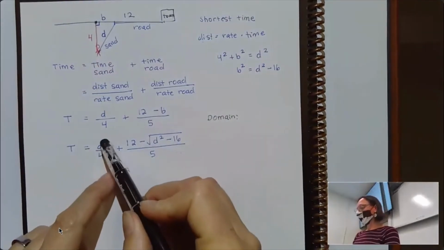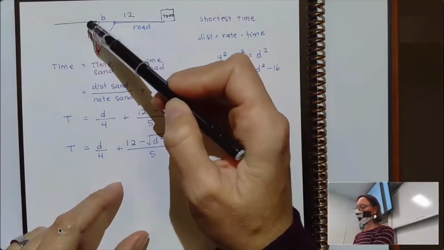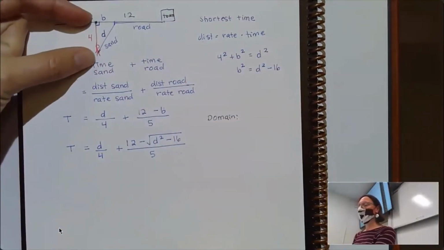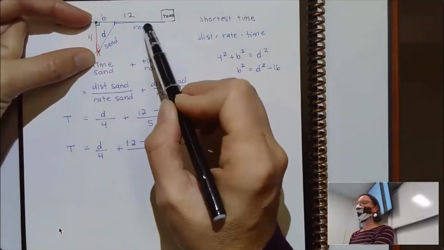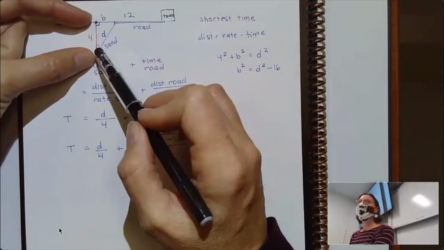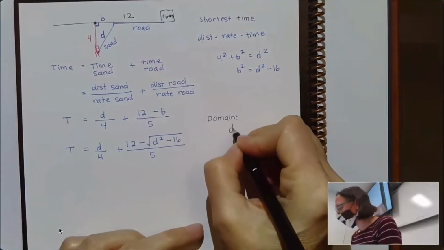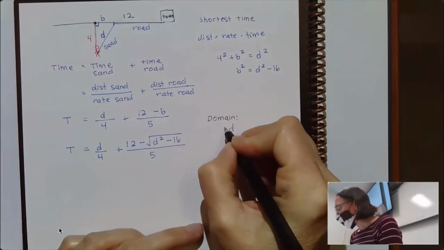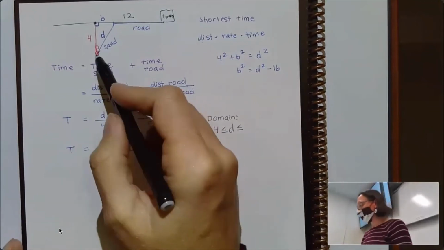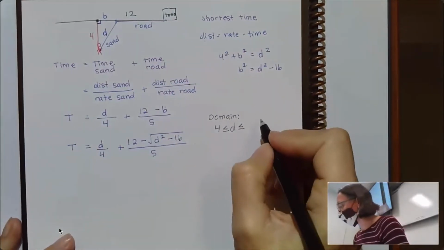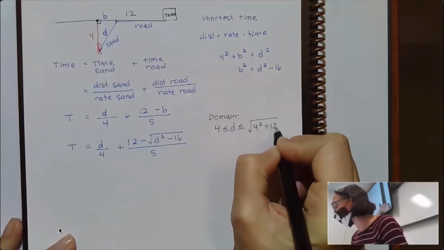So that value of D, that distance across the sand, the shortest amount that we would end up walking is 4. And the largest amount is the hypotenuse of that big triangle. So my domain is that D would be somewhere between 4 and the square root of 4 squared plus 12 squared.